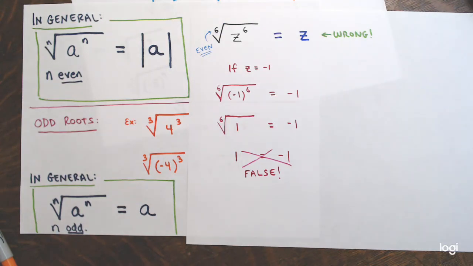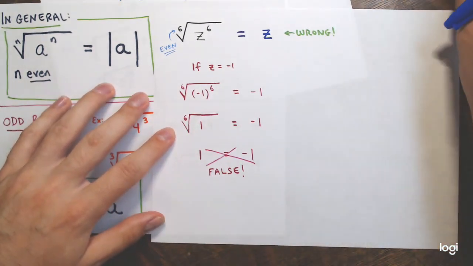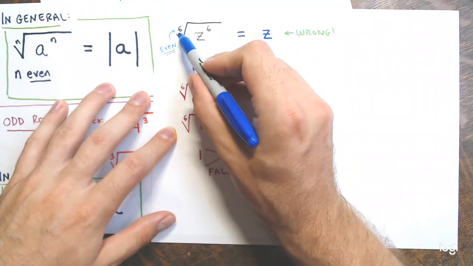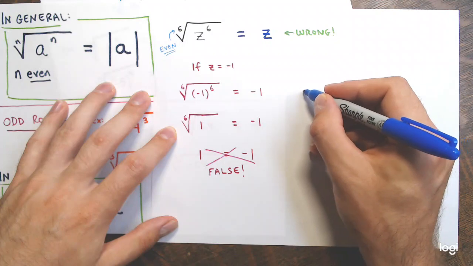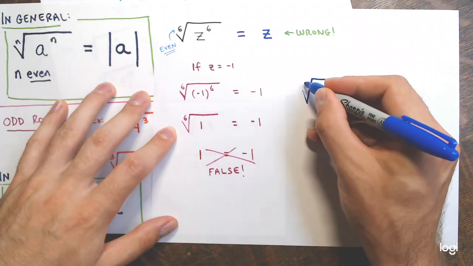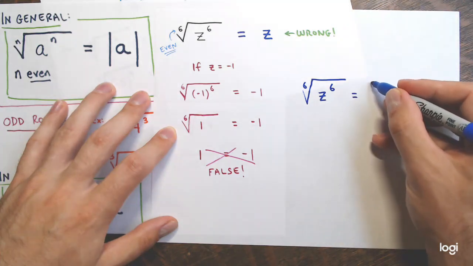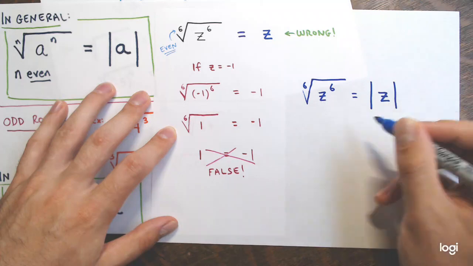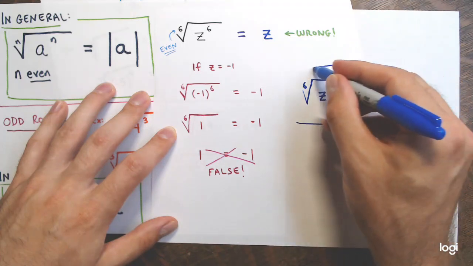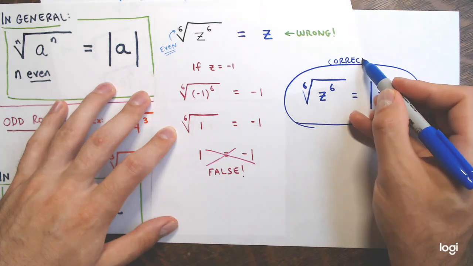That's why we have to ensure that the other side is non-negative, because when I see this symbol with an even root, the other side better be non-negative. So the correct way would be to say that the sixth root of z to the sixth is not just z, but the absolute value of z. Okay, and this is correct, because try negative 1 now.